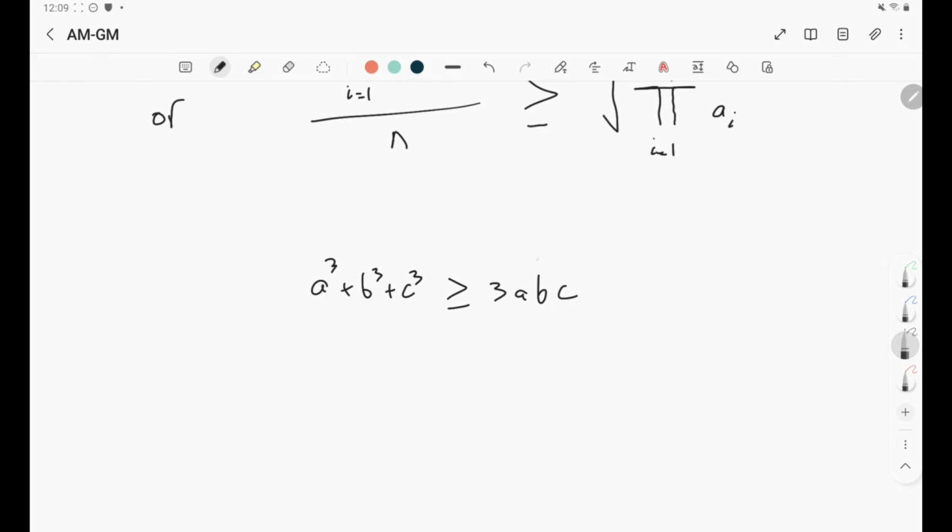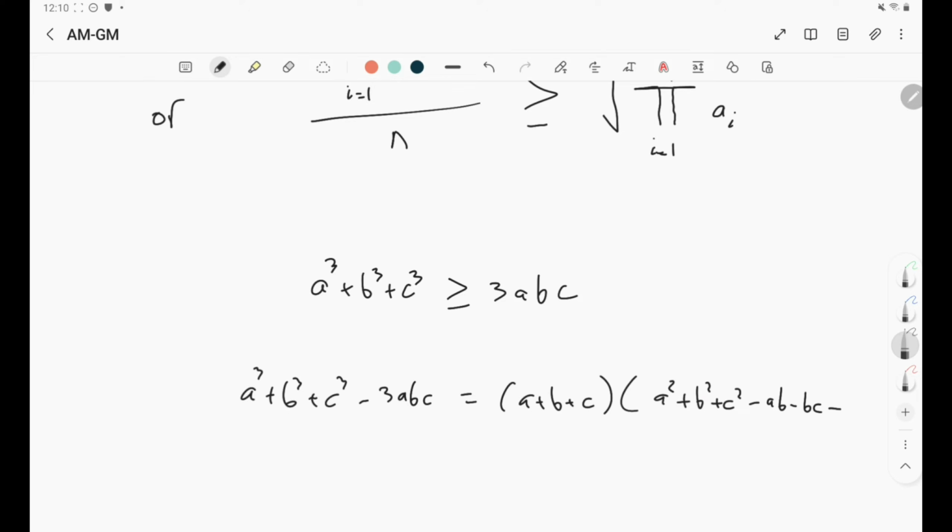This can be factorized. If you move this to the left hand side, you can factorize it. So a cubed plus b cubed plus c cubed minus 3abc. This is just the sum of the numbers times the other factor. So what does that mean?